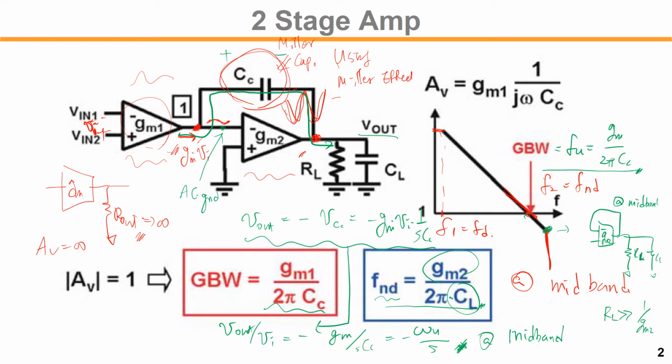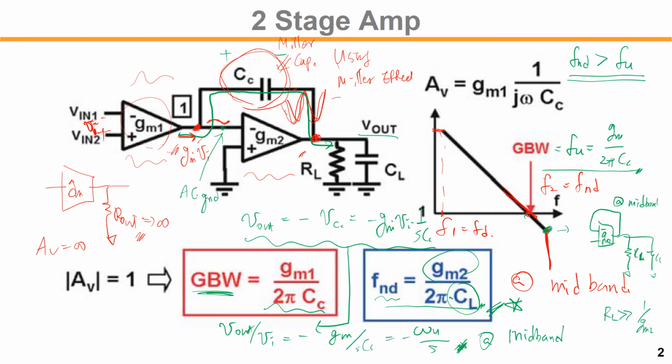So now we found the GBW frequency and the non-dominant pole frequency, right? Based on that, we can find the relationship between FU and Fn. The non-dominant pole Fn must be greater than FU if the amplifier is used in negative feedback.